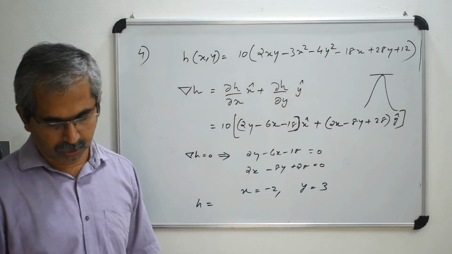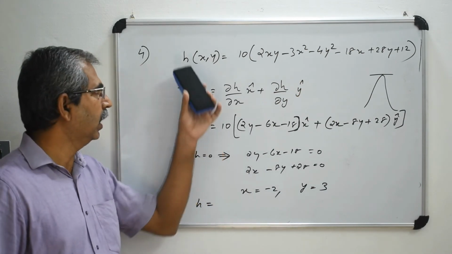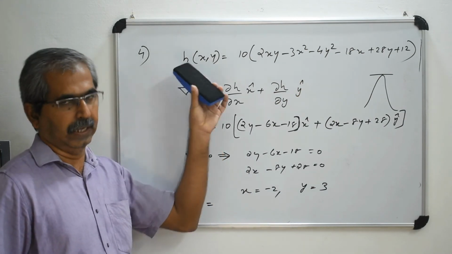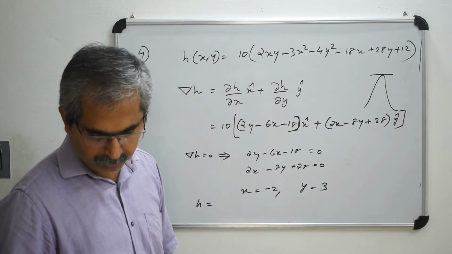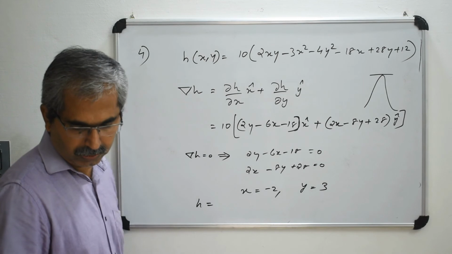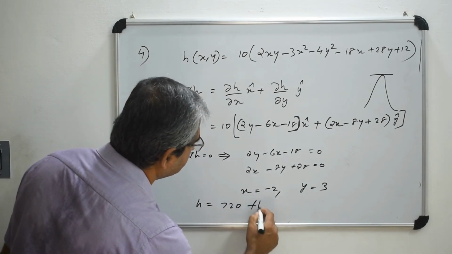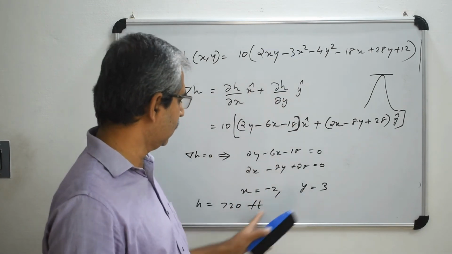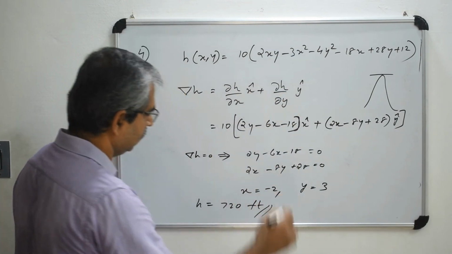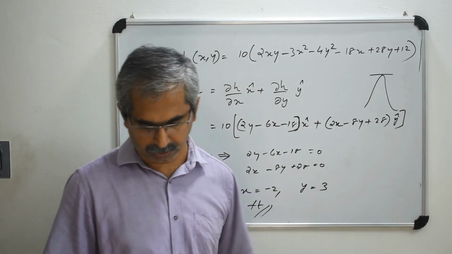Okay, so you put the values there. You will get the height of the hill. Okay, and the value obtained is 720 feet. Okay, feet. You can put simply the values of x and y. H is equal to 720 feet. Okay, you can do that.